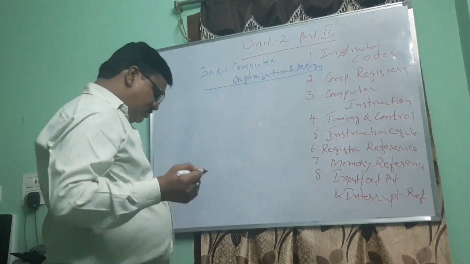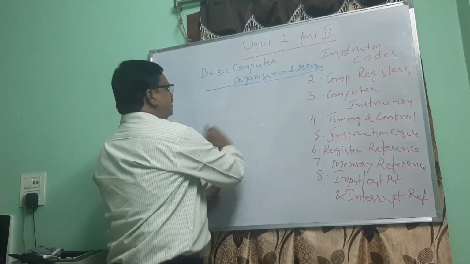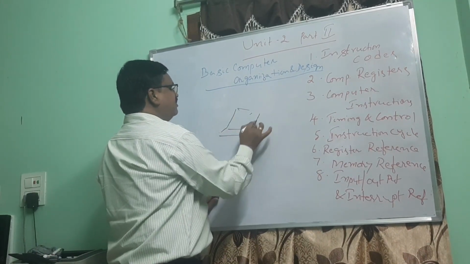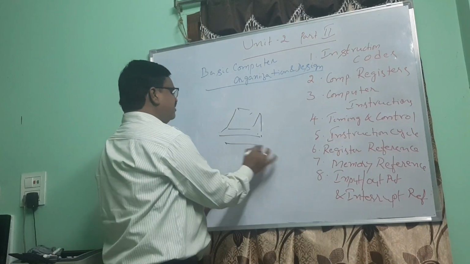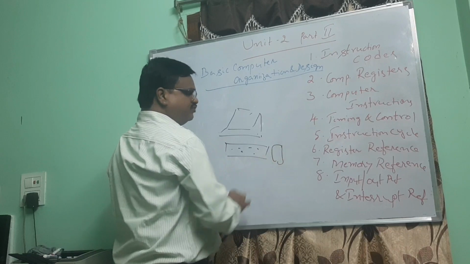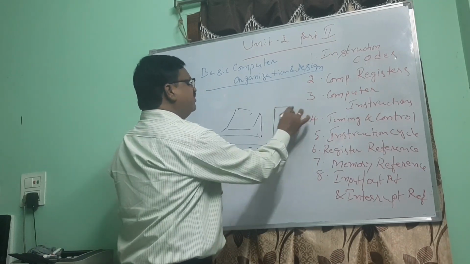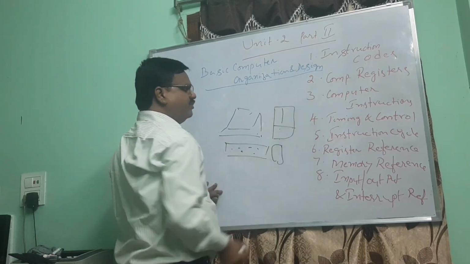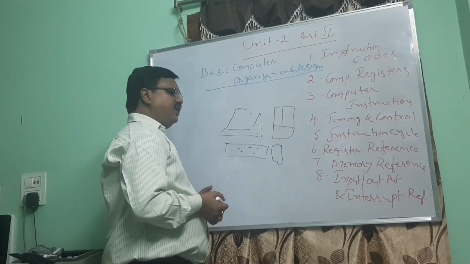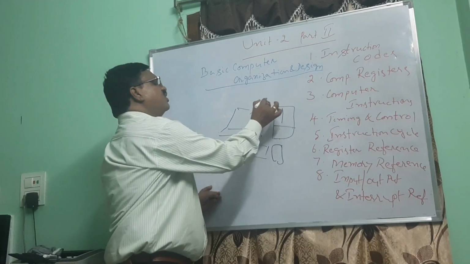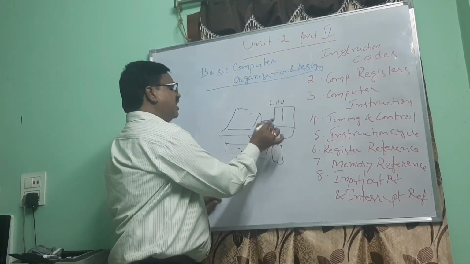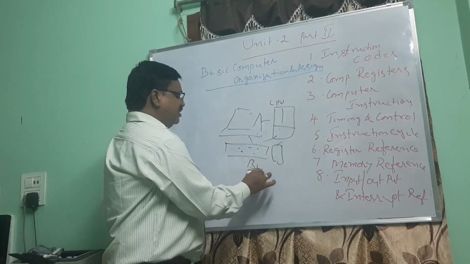Previously, we discussed in the first unit that there is a monitor, a keyboard, a mouse, and a CPU that contains the control unit, program unit, arithmetic unit, etc. Totally it is called the central processing unit, and everything is connected with each other using a bus.